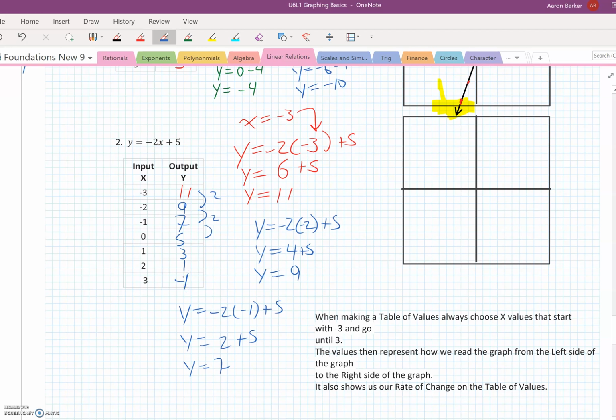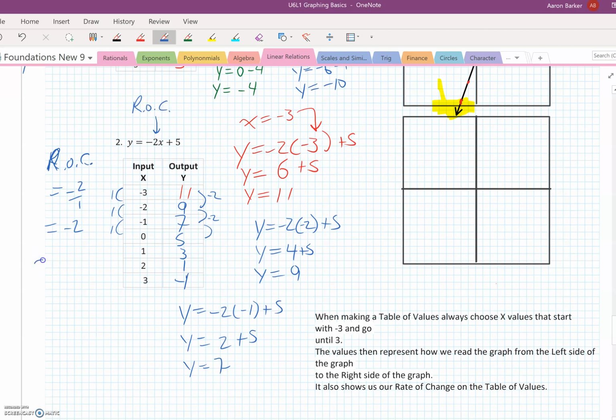Sorry, I'm going down by 2 each time. Sorry, my bad, -2. Good. And so here I'm going up by 1 each time. So now my rate of change, ROC, that's going to equal -2 over 1, so that equals -2. And then you can see your rate of change right there in that position.